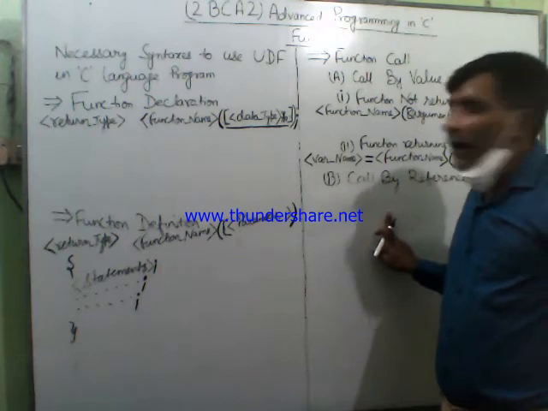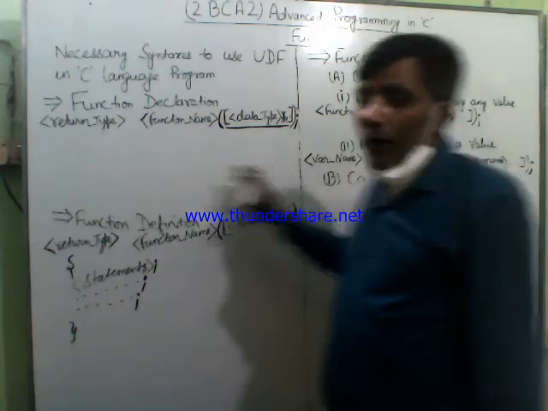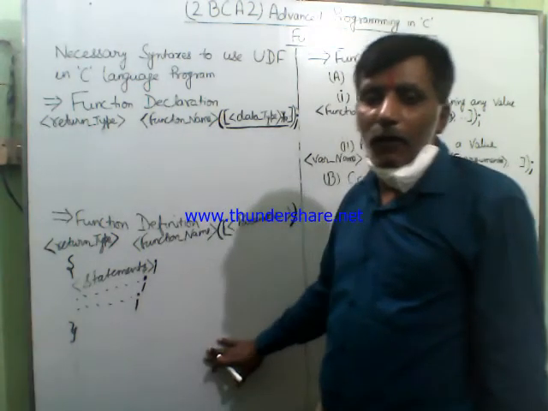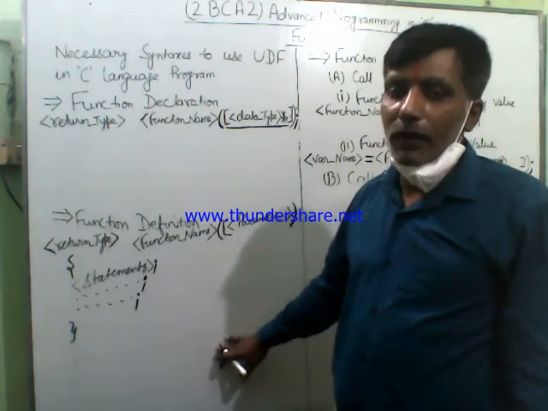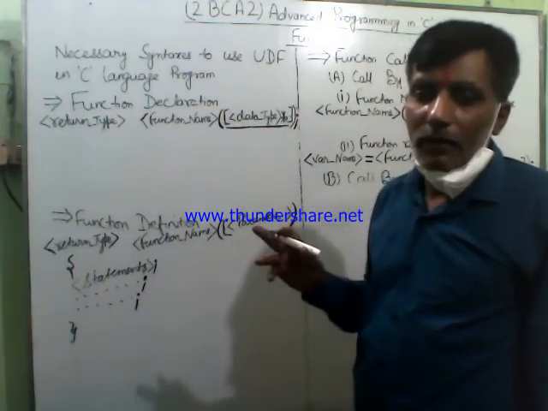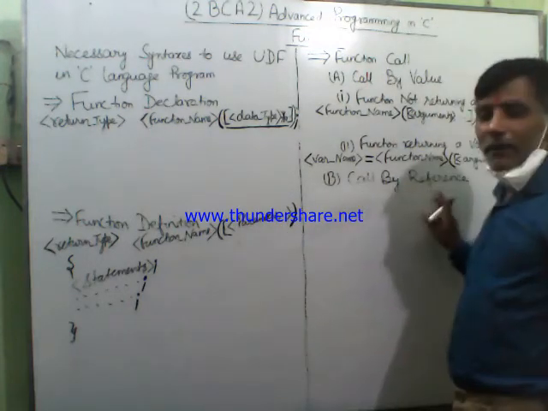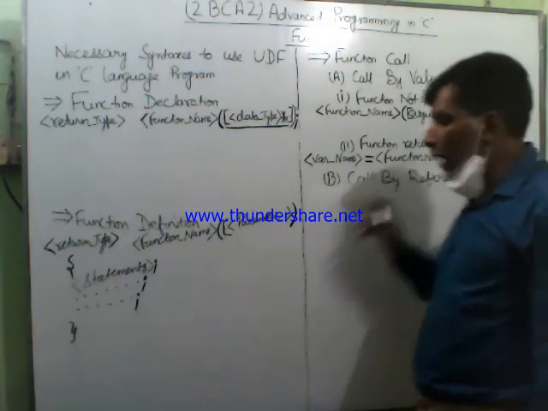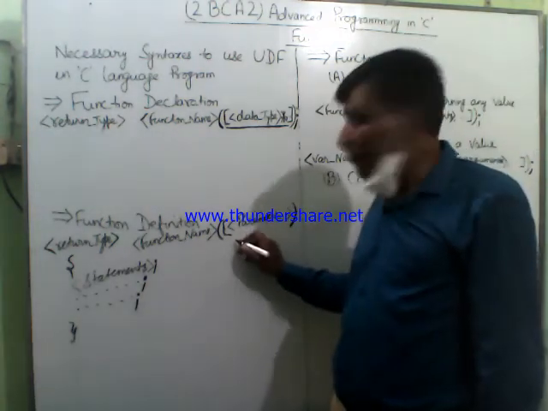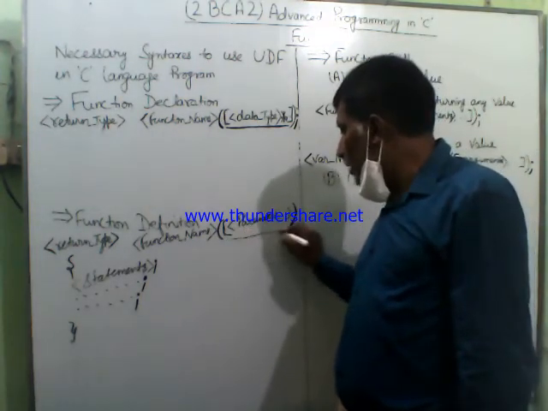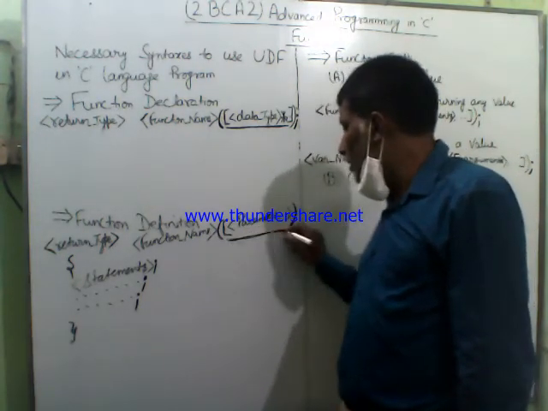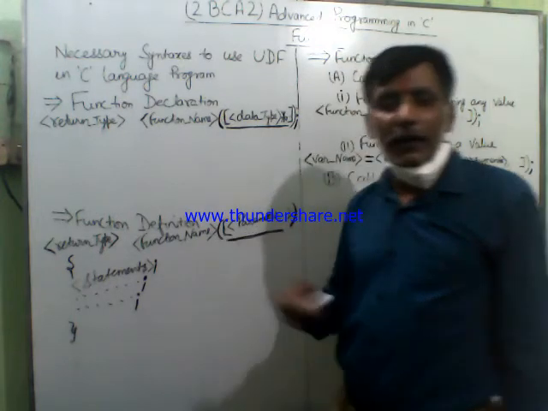Okay? And while performing the function definition for such a user defined function that is being called by using the call by reference method in the program, you have to declare the parameters by using the dereference operator.